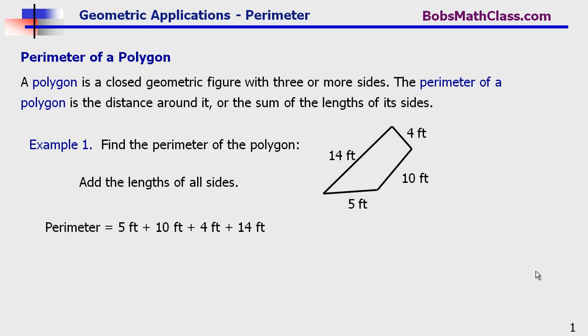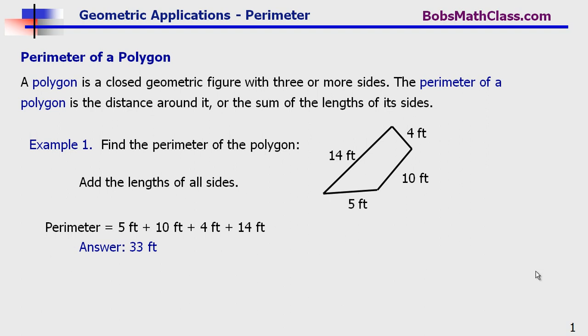Addition is associative. So if you add those numbers up, you should get 33 feet. Yes, 33 feet. That's it. Just add up all the sides, and that's the perimeter of this polygon.